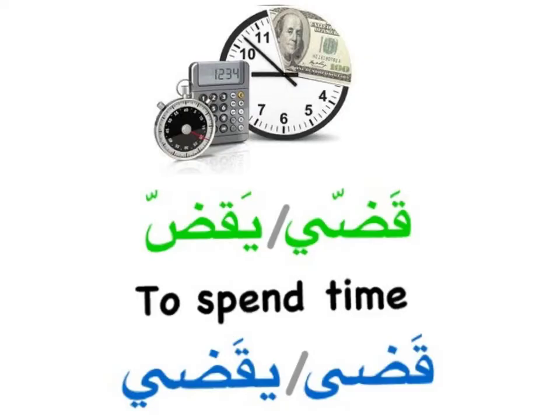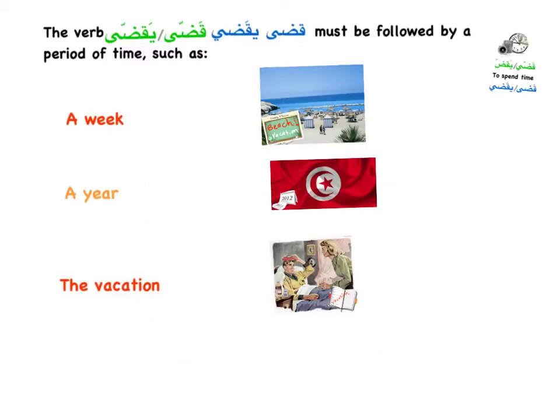The verb قضى يقضي in عامية. The verb قضى يقضي must be followed by a period of time, because we're talking about time spent, like a week, a year, a vacation, and we're going to see examples for each one. First, a week.